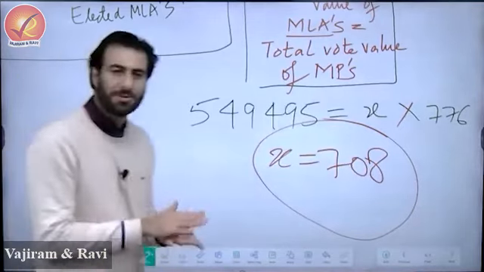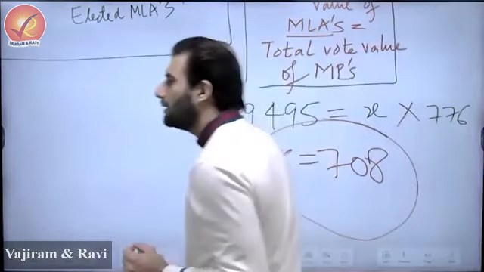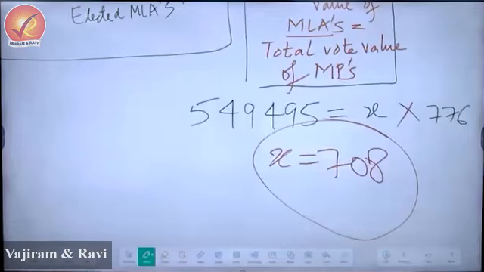Theoretical part ends. Now we come to the practice. Write down this statement and have a thought. Think about these numbers and tell me something very interesting. Write down: Applying parity, the value of the vote of one MP.